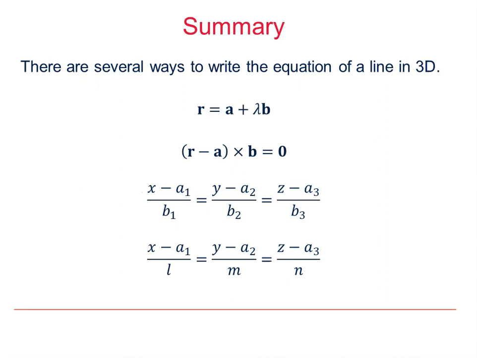So there are several ways of writing the equation of a line in 3D. The form of point plus lambda times direction, this is what we call the parametric form.